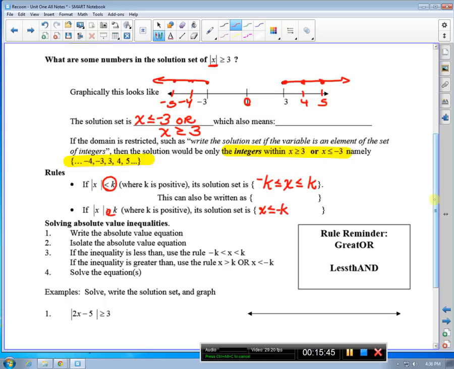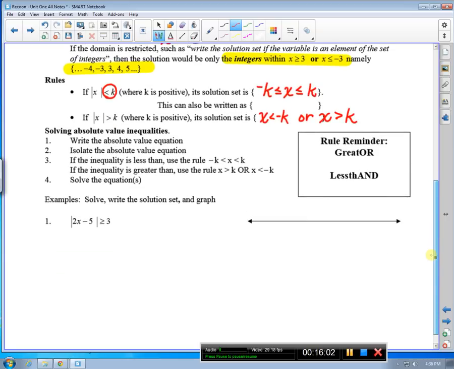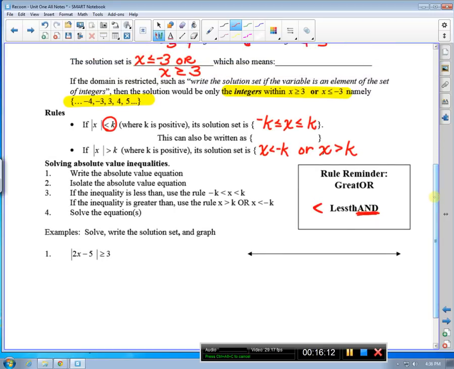Oh, I didn't include equal to, let me get rid of that. So that's the difference in those. So what we learn here is we can remember that if we have a less than symbol, then we know it's going to be an and inequality, or this case here.